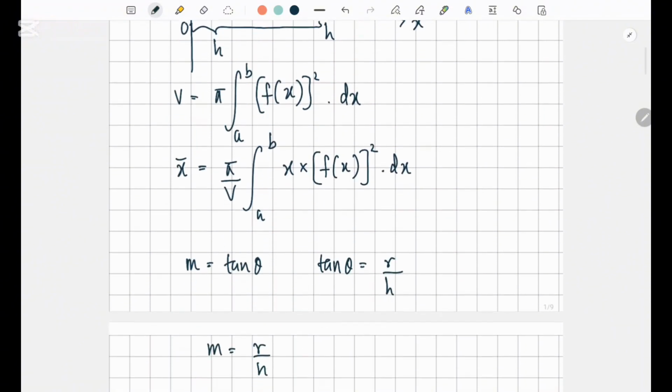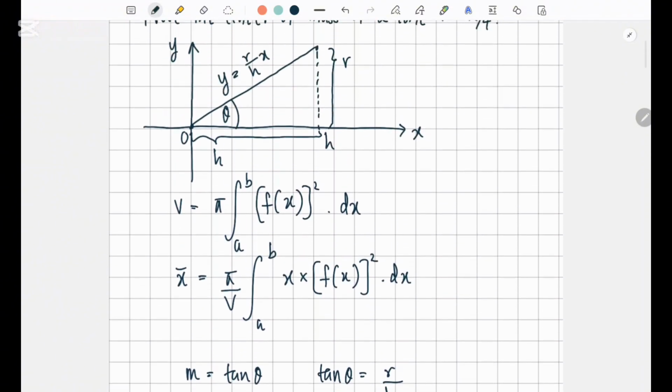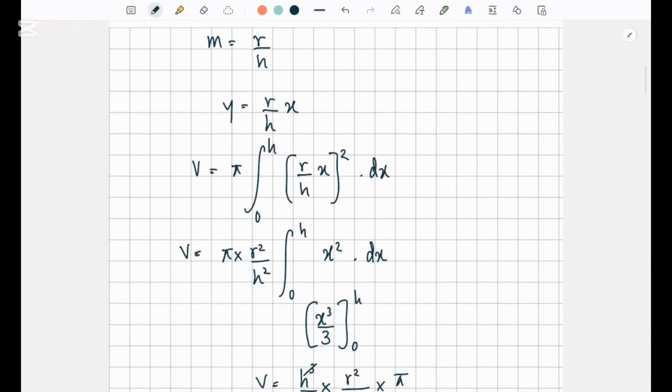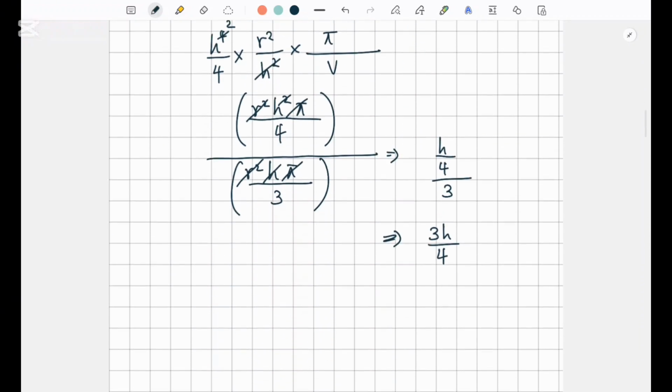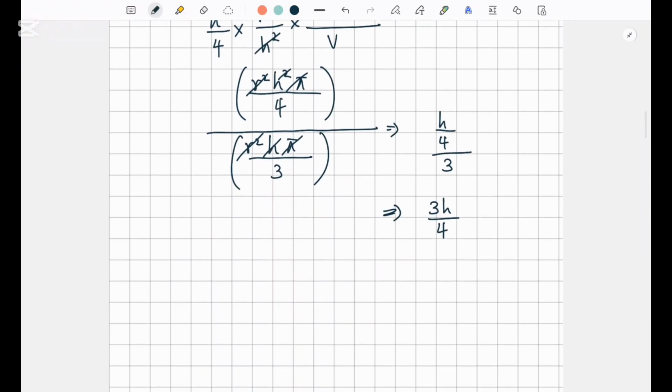We found the center of mass from the top, so that's why it's 3 over 4. To find the center of mass from the base, all you have to do is subtract this from the height. The height of the cone is h, so you subtract h minus 3 over 4 h, and you get h over 4. Either way, both answers are correct.